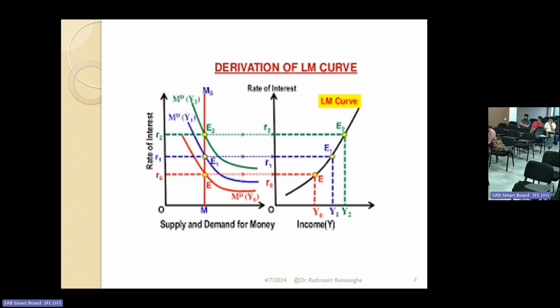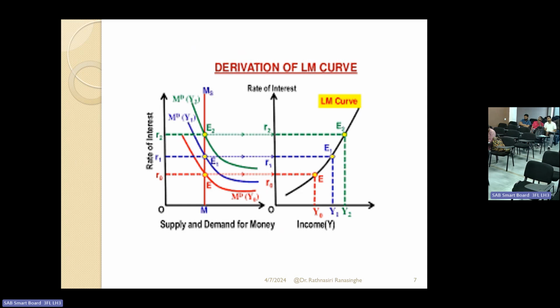So that means R0, Y0. R0 means a particular money stock is determined at the Y0 income level. So we can identify one point, R0, Y0. In the LM curve, the two axes are the interest rate and the income, and we can identify one point at the R0 interest rate and Y0 income.